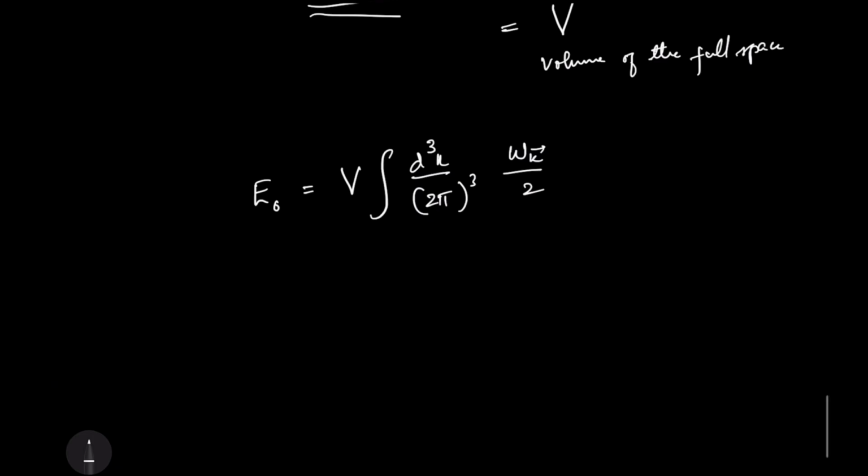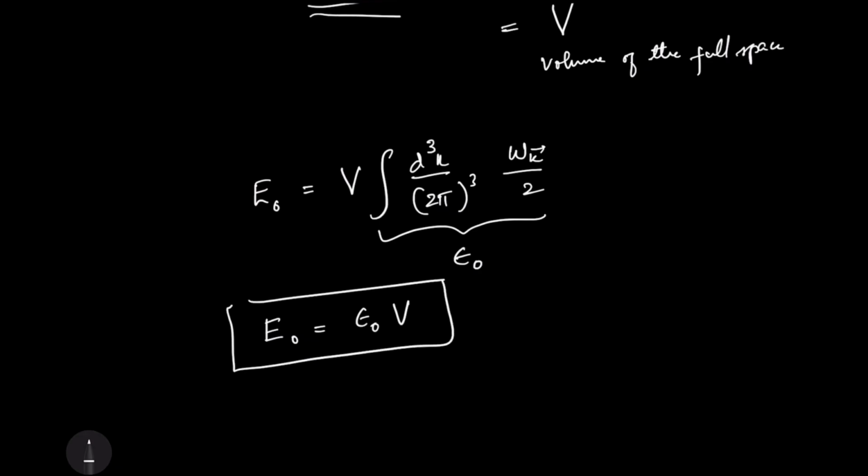So here I represent this integral by epsilon naught, where epsilon has the implication of energy density. So the total energy E naught will be the energy density multiplied by volume. So epsilon naught is the energy density, or the energy per unit volume.